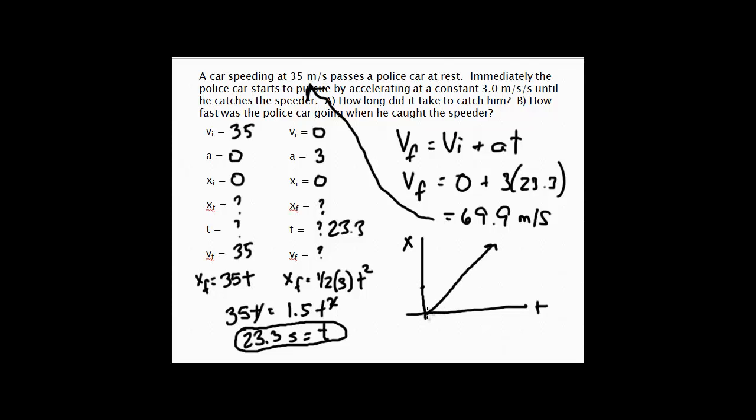The police officer, starting from the same place, would have to accelerate, and he eventually would have a path like this, and right here would be the position, and here would be the time. And so if you have a graphing calculator, you could put these two functions in, one in x1 and one in x2, and graph them simultaneously, and then you could find the intersection of these two functions, and that would also give you the answer.